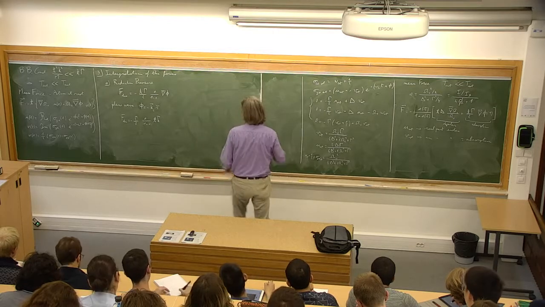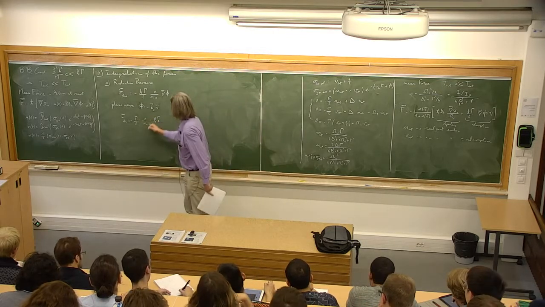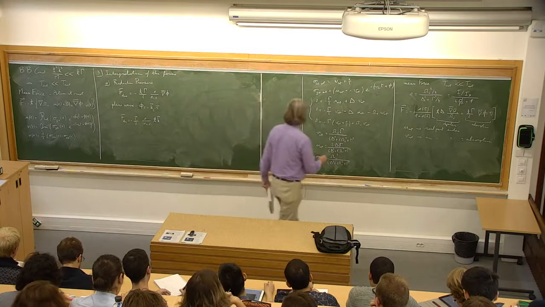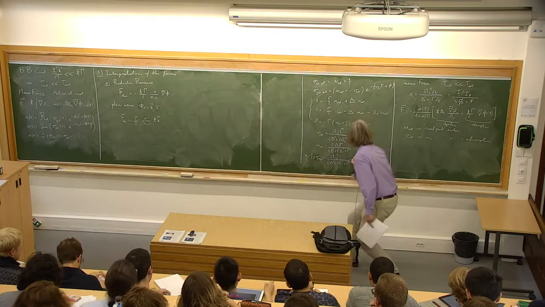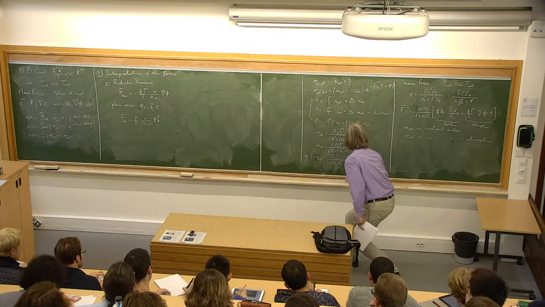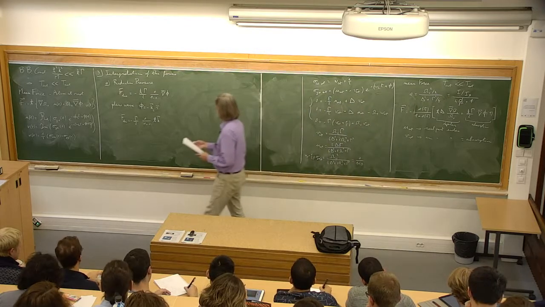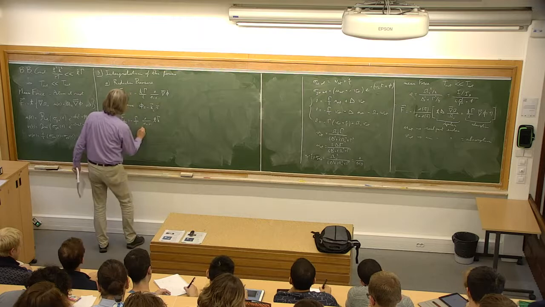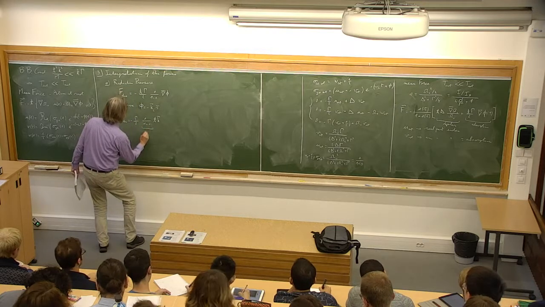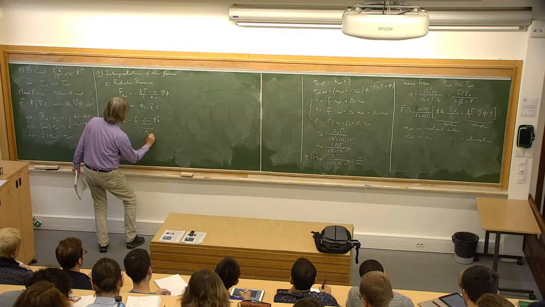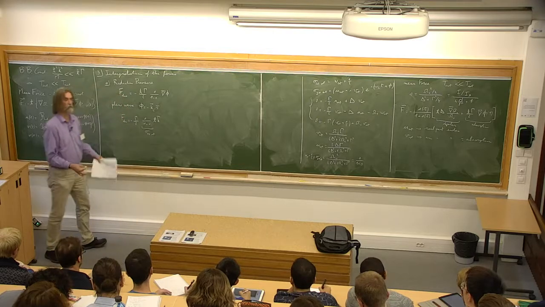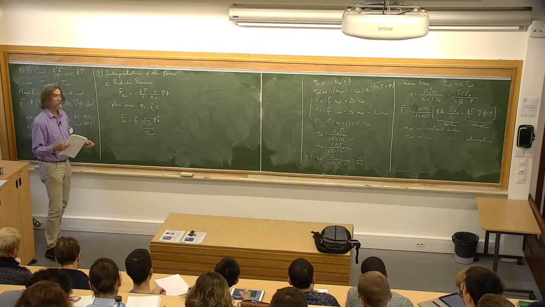Because, in fact, this quantity s divided by 1 plus s was here. This is s divided by 1 plus s. And so you recognize here the stationary population of the excited state.